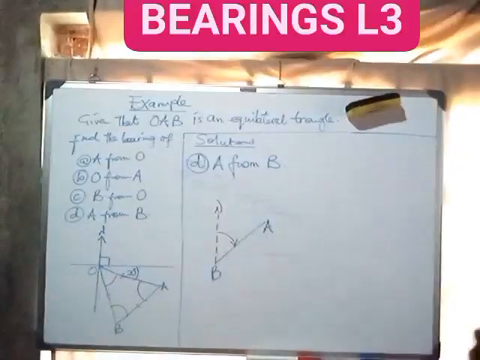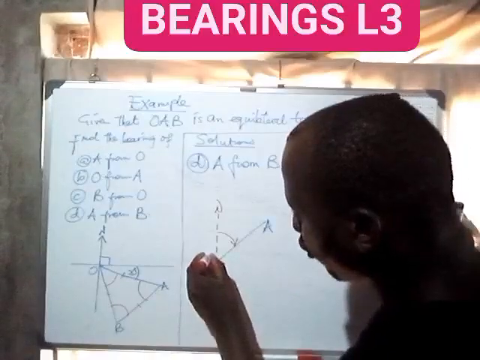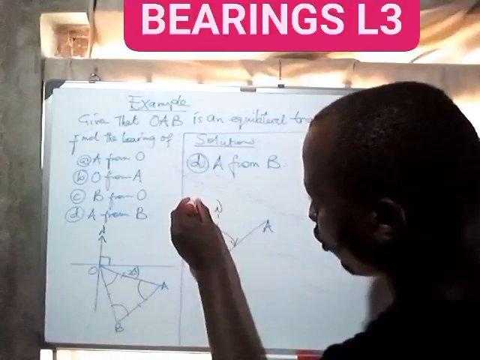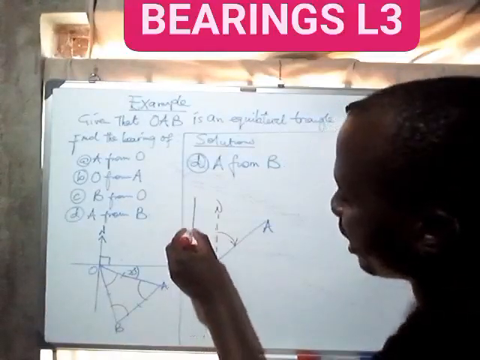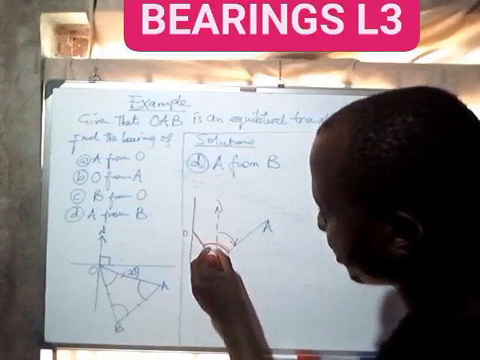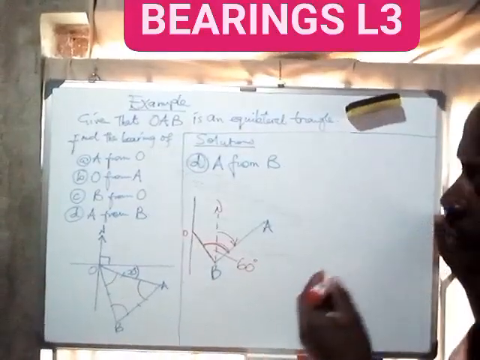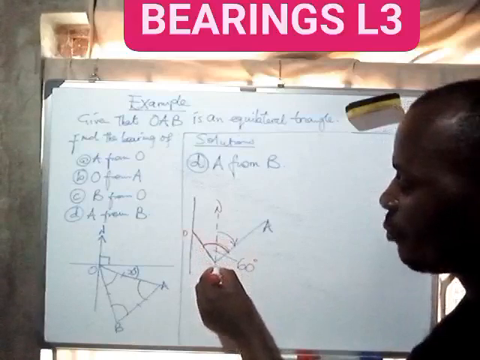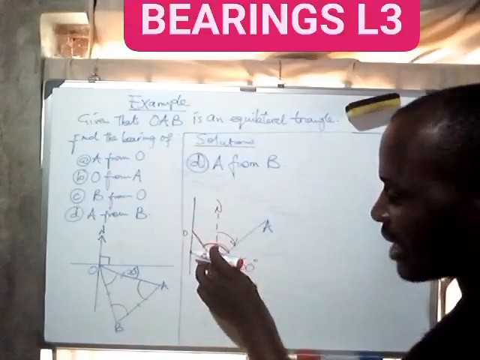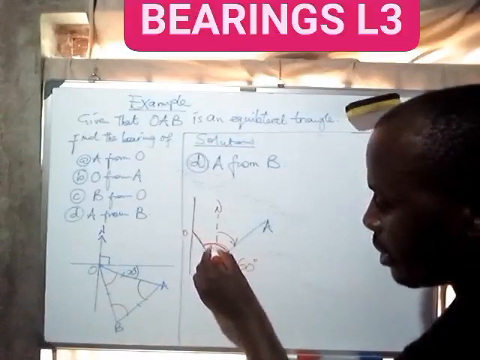What angle is this? Remember, the whole lot of B from O, somewhere there, the whole lot of this is angle 60. Now, to know the bearing of A from B, we have to say 60 minus the angle which is here, at this point.